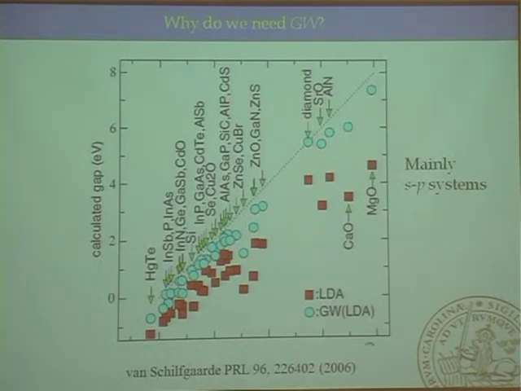If you look at the three, diamond, zinc oxide, and aluminum nitride, you see that there is a trend of up, down, and up, and GW also has the same trend, up, down, and up. So does GW do just a quantitative correction, or is there a qualitative change in the physics there?